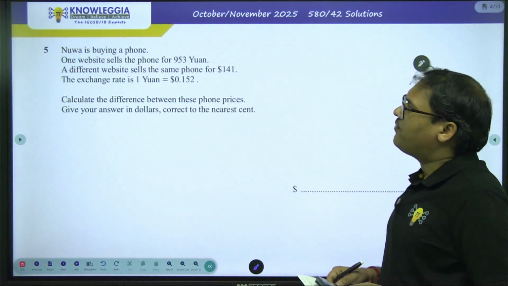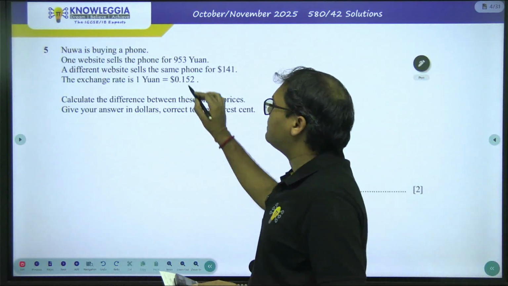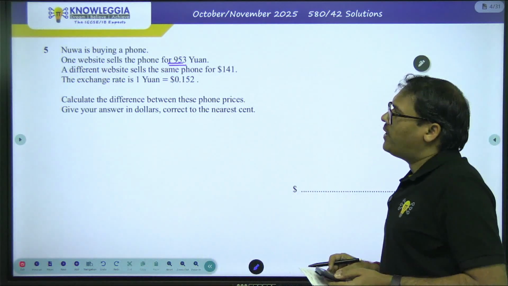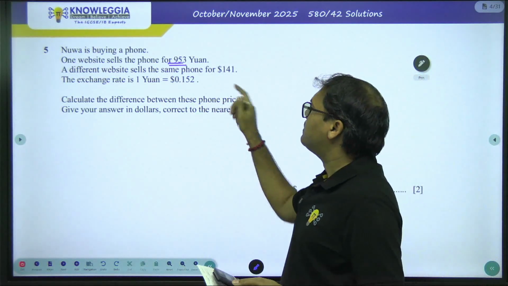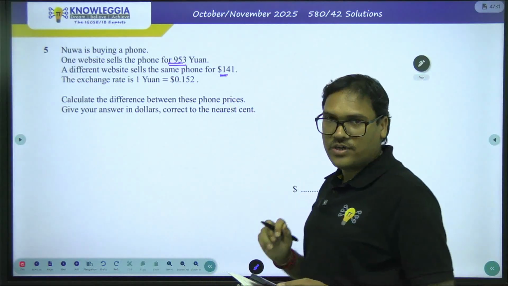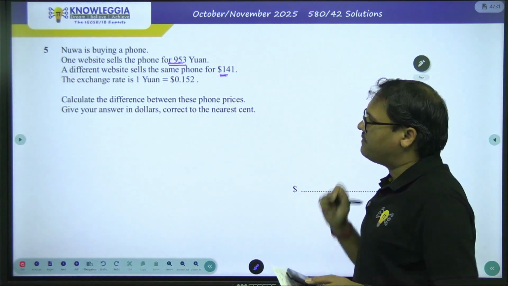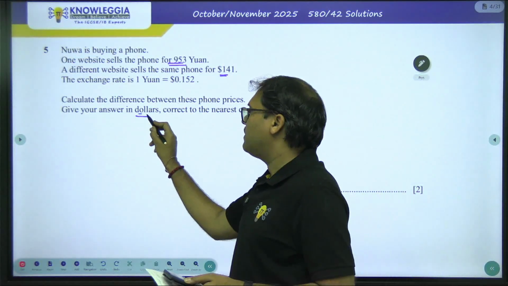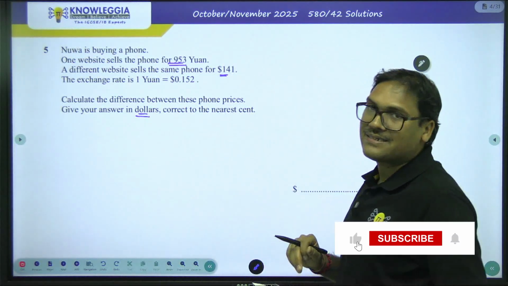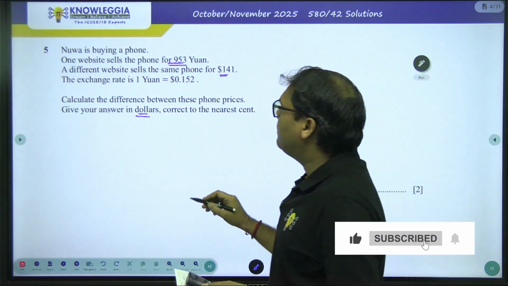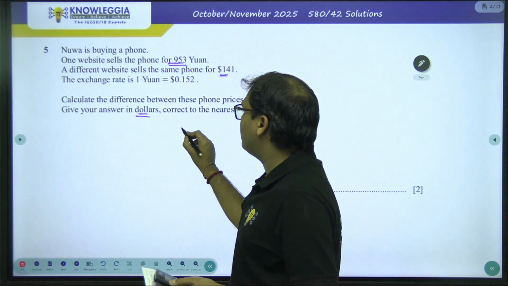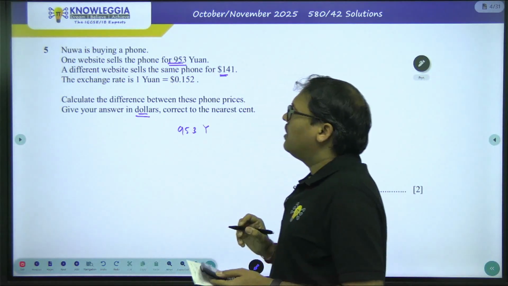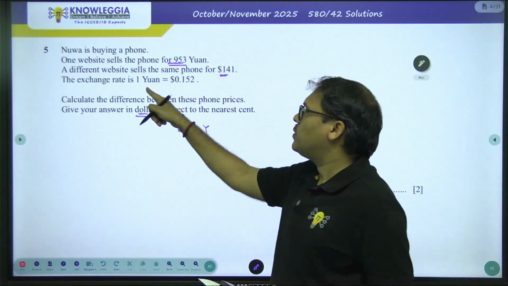Noah is buying a phone. One website sells the phone for 953 yuan. A different website sells it at $141. The exchange rate is given. What is the difference in the prices? You have to write the answer in dollars, to the nearest cent. On the first website, this is 953 yuan. The exchange rate is 1 yuan is 0.152 dollars.